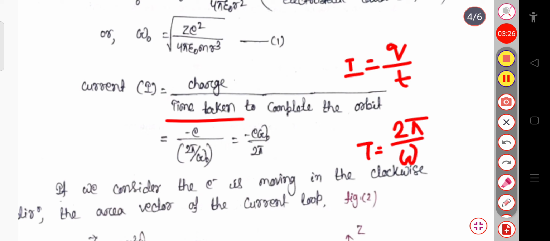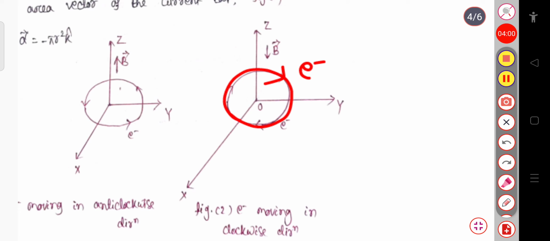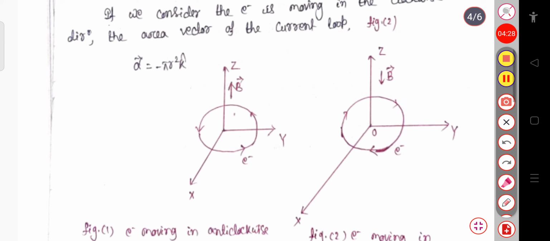In this case, if you use your right hand thumb rule, the finger curl shows the direction of the electron and the thumb represents the magnetic field direction, which will be downward, along the minus z axis. So the area vector will be equal to minus pi r square k cap, since the area of the circle is pi r square and the direction is minus k cap.